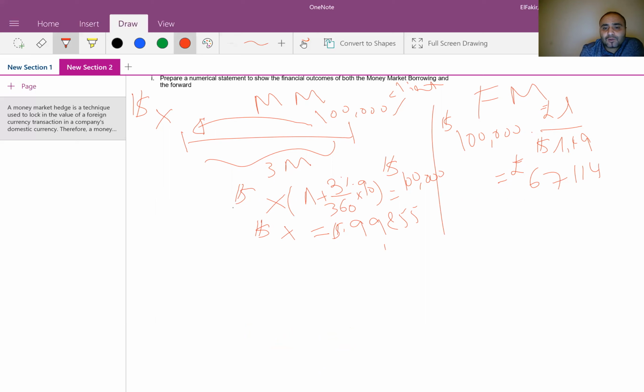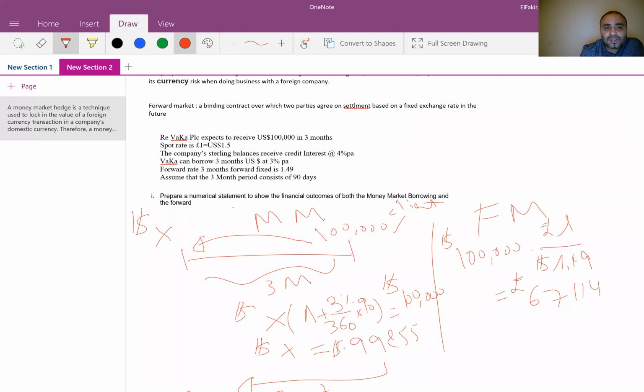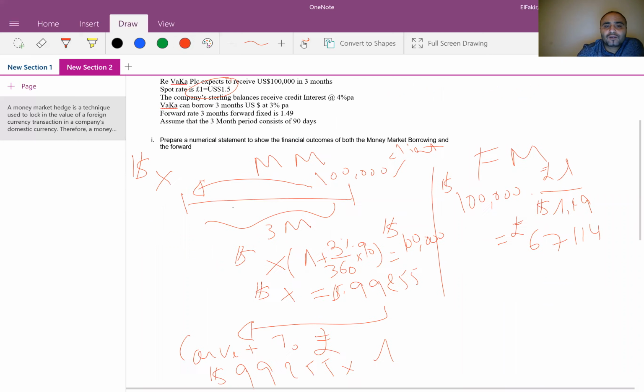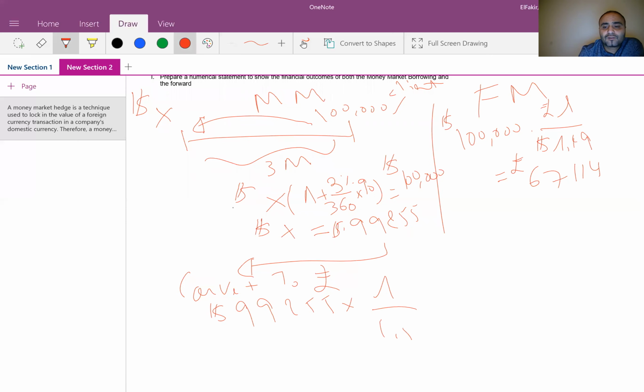Because we have borrowed this amount now, we can instantly convert to pounds. So $99,255 times 1, and then the rate at this moment in time is 1.5. So divide by 1.5, and that should give us a value of 66,170 pounds. Again, this amount is received now.